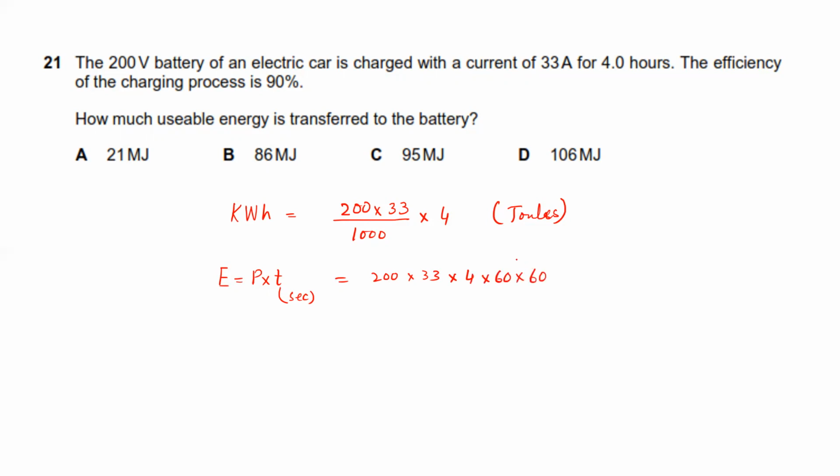So this is the total energy that is required and it is 90% efficient. So multiply it by efficiency, which is 90% or 0.9. If we multiply all these factors together, what comes out to be is 86 megajoules. So answer B is the right choice in this case.